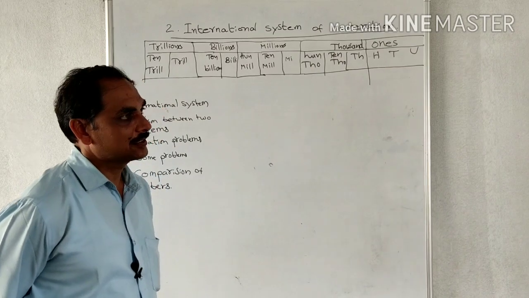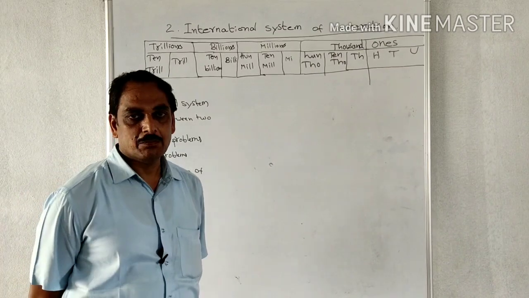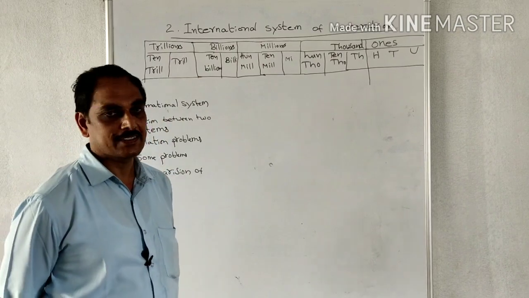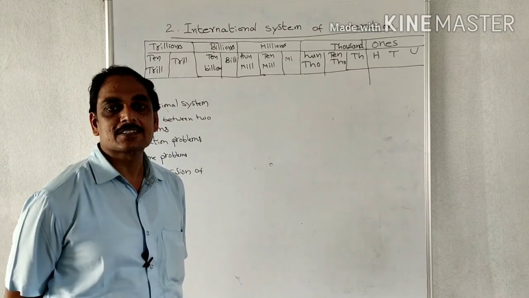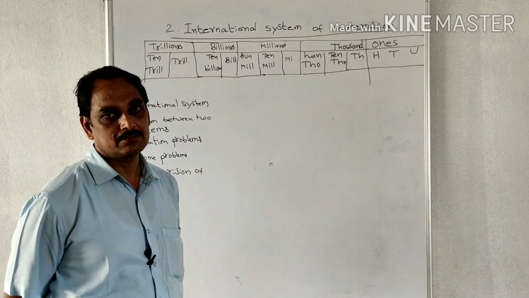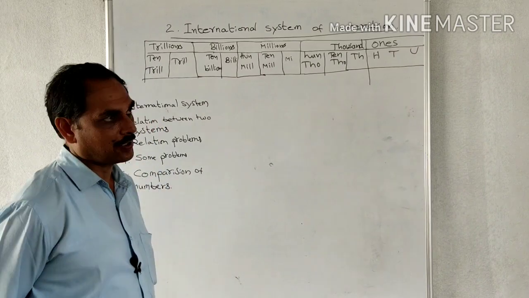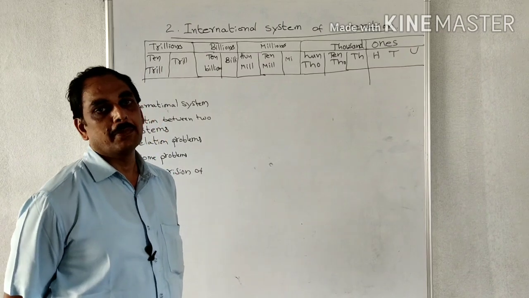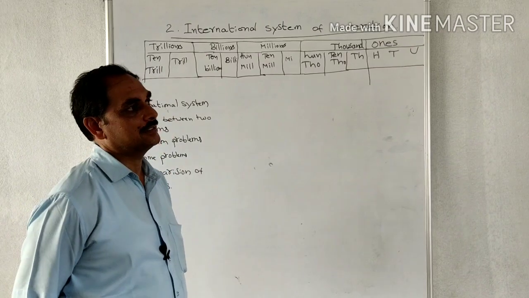Number one is the Indian System of Numeration, and today we are going to discuss the International System of Numeration. This system is followed by many countries in the world.